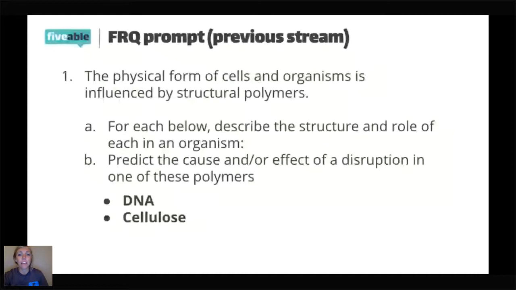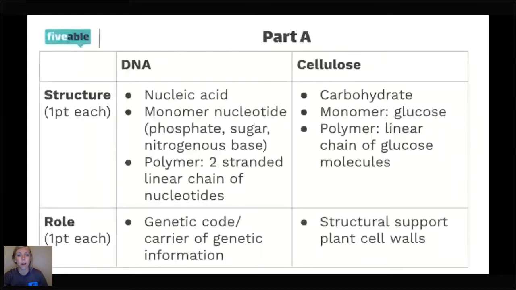So in the very beginning, I know this is already all filled in, but part A asks you to talk about structure and role. So obviously, in a free response question, you would write this in sentence form. I wrote this out more like a rubric. Okay, so for DNA, you can give yourself 1 point for mentioning something about the structure.